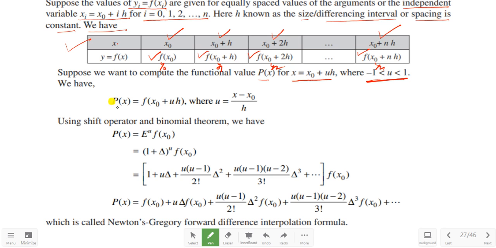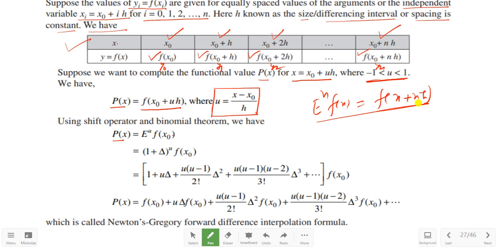So we have p(x) = f(x0 + uh), where u = (x - x0)/h. Using the shift operator and binomial theorem, we have p(x) = E^u f(x0), that is, we know that E^n f(x) = f(x + nh).